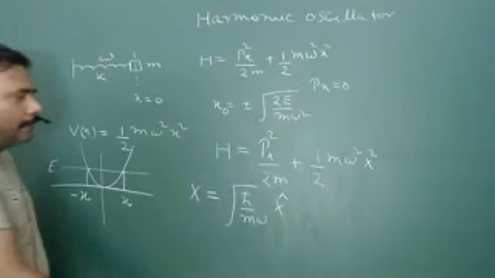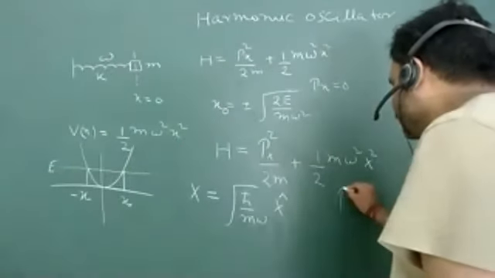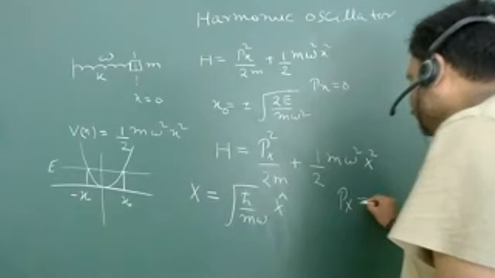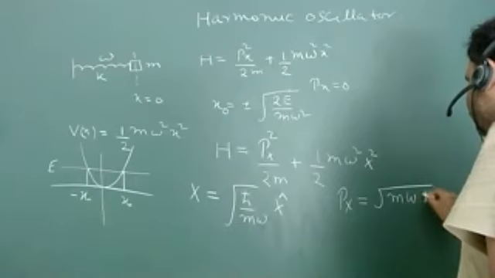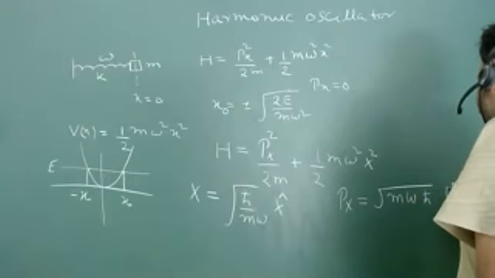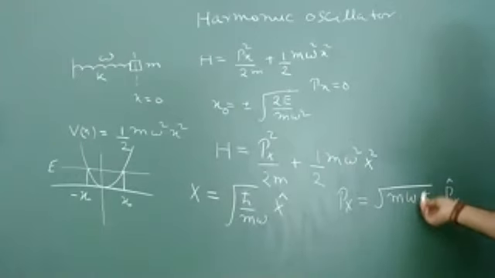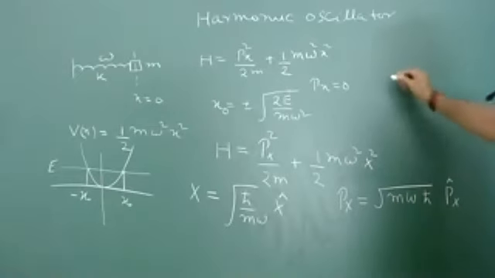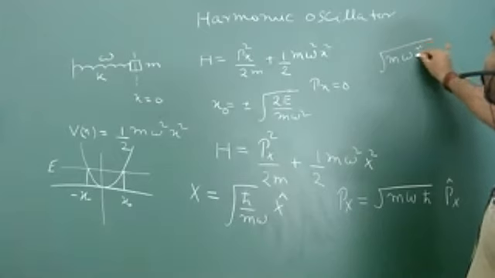Similarly, we can also have the dimension of momentum, and this px can be written as root under m omega h cut times px cap. Again, h cut is I into omega, and you can easily check that this is the dimension of momentum. How can you check it? You have mass, omega, and h cut is I into omega.